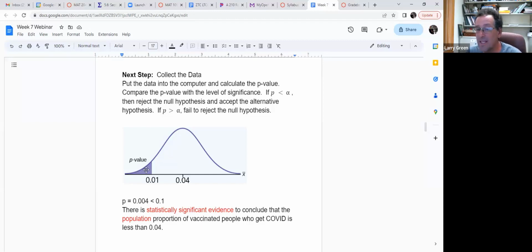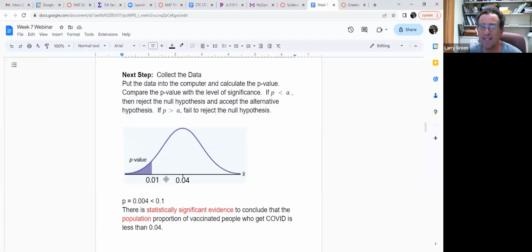Then you can use the normal distribution calculator if you wanted to, and say, well, what value of X must there be so that this area is 10% or 0.1? Okay, any questions on that? And that turns out to be 0.01.